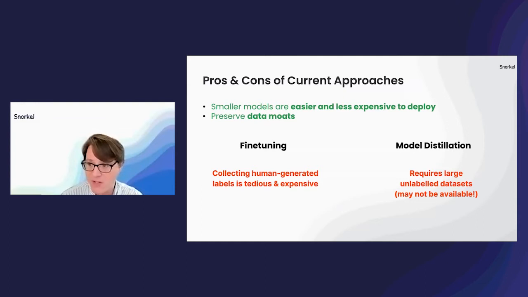Luckily, language models often fit the bill, but it also requires a large amount of unlabeled data. And while unlabeled data is more prevalent than labeled data, there are many settings where you simply don't have an infinite supply of data to feed into distillation. So we're broadly interested in optimizing our ability to not only auto-label data, but also reduce the size of those datasets.